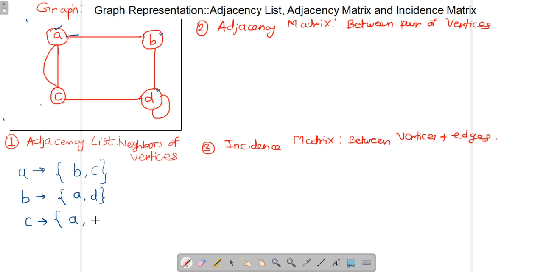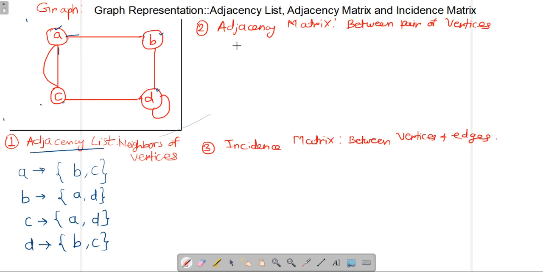And for vertex D, the adjacency list is: C and B are connected. So B and C are the neighbors of vertex D. So for all the vertices we have listed here the neighbors. That is called an adjacency list.